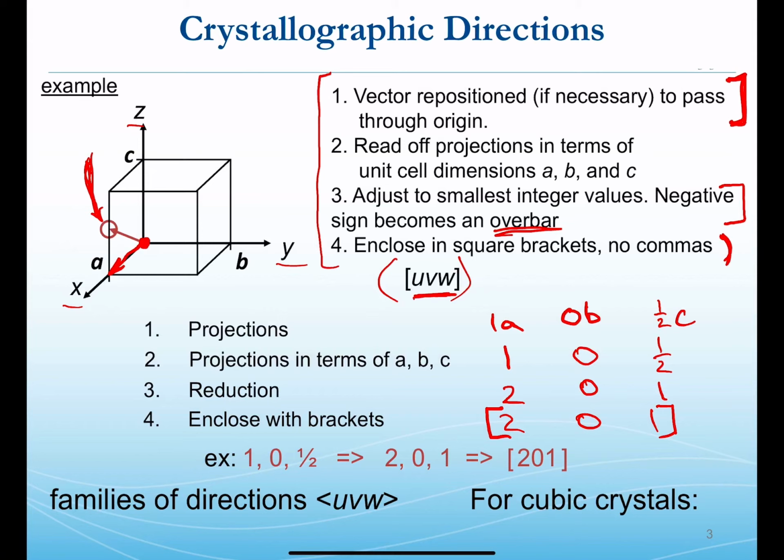Perhaps you're considering, well, what about the information lost? We did a reduction, so is that still correct? Well, if you imagine another unit cell out front here, and we were to do the 2, 0, 1 direction, you would see that we would travel 2 cells over, reflected by the 2.